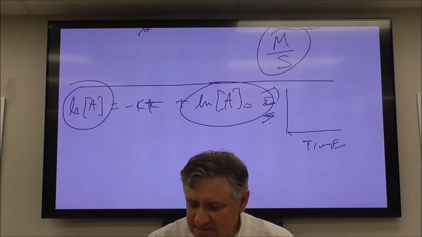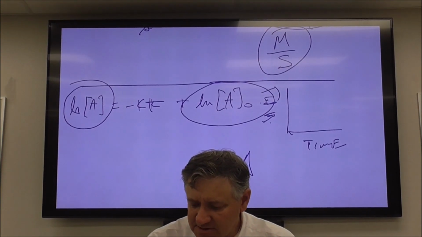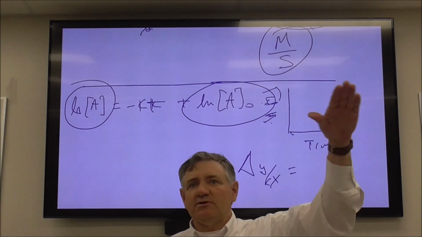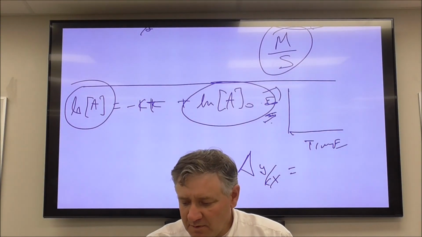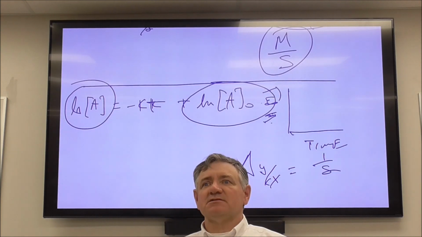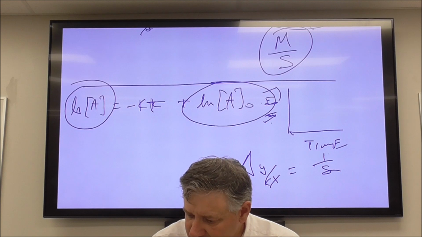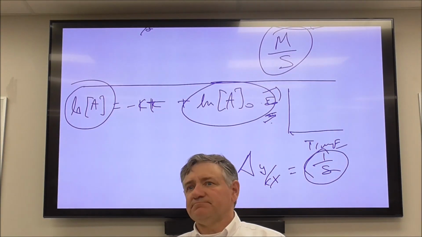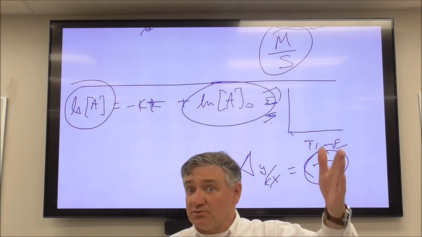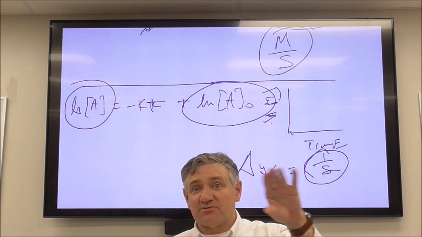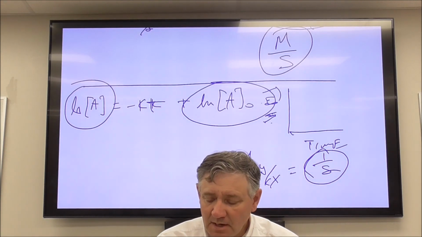So when I look at the slope of this, that's change in y over change in x. I have no units on top. The only thing I have in terms of units is seconds, down below. So this becomes 1 over seconds, because as soon as I take the natural log, the units disappear. It's the only time you'll ever hear me say this: natural log, boom, units are gone.